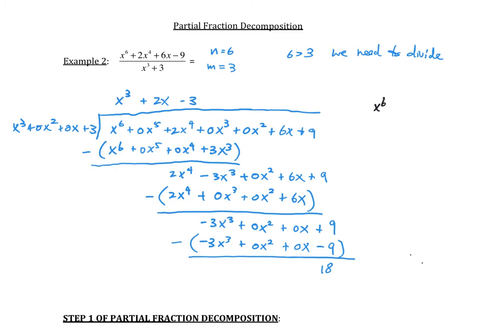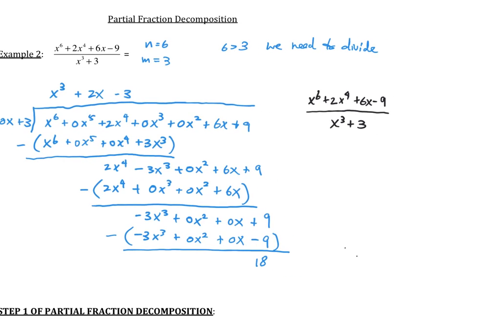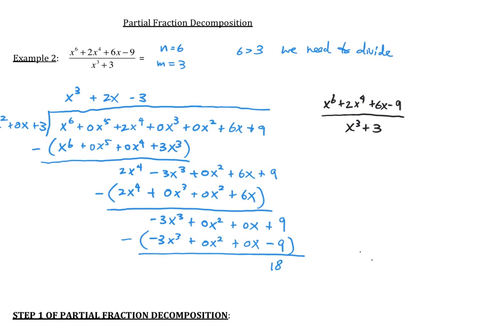So x to the 6th plus 2x to the 4th plus 6x minus 9, all divided by x cubed plus 3, that guy is going to be equal to x cubed plus 2x minus 3, and then this is how I write the remainder.